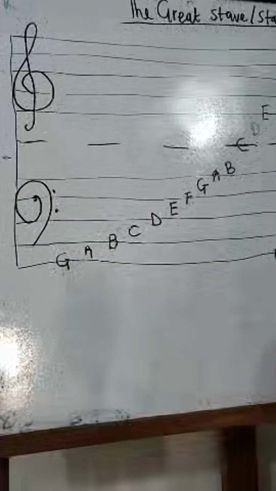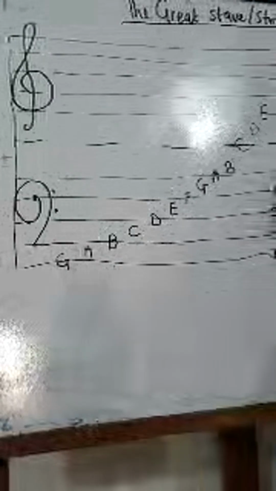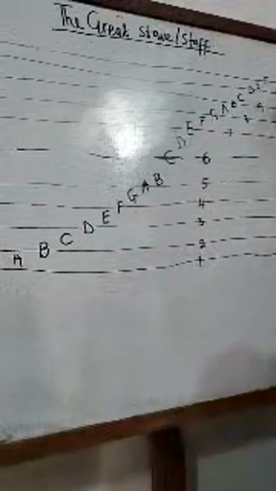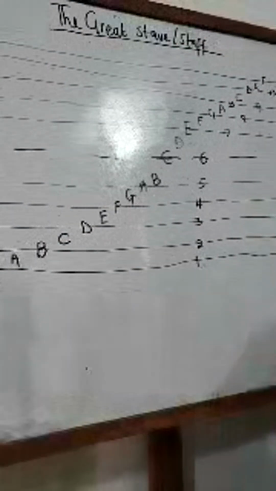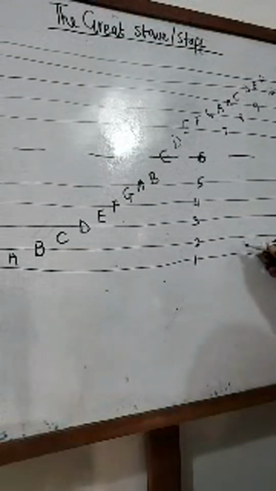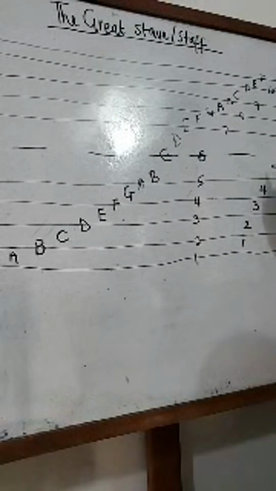Count it now. You'll find out that it's 11 lines. 1, 2, 3, 4, 5. The middle C is 6, 7, 8, 9, 10, and 11. Can you see that now? Then the spaces are space 1, space 2, space 3, space 4.